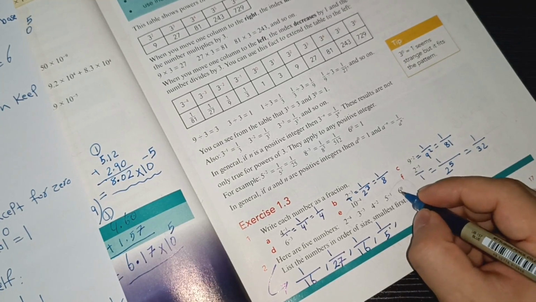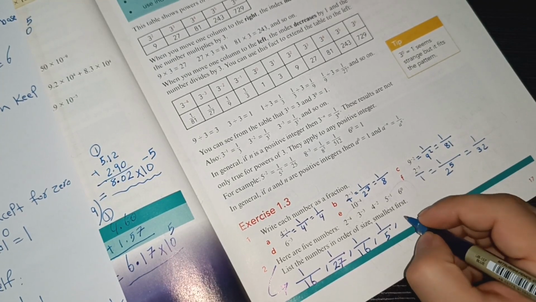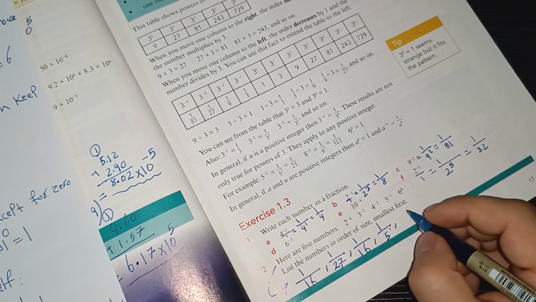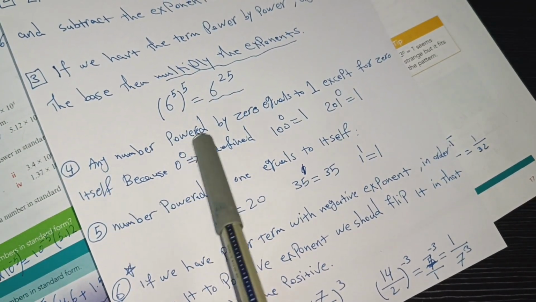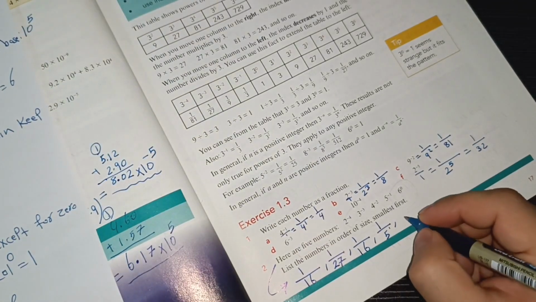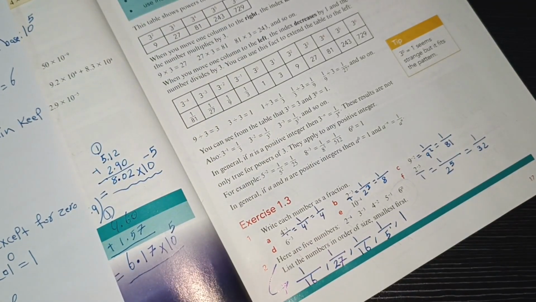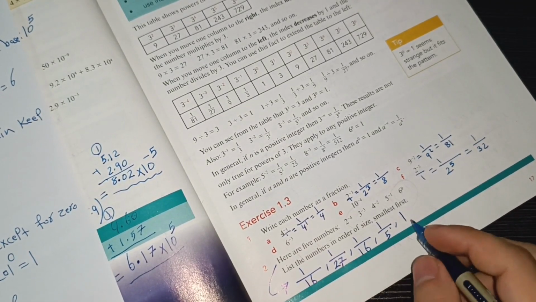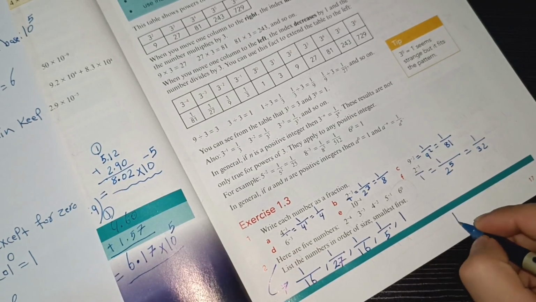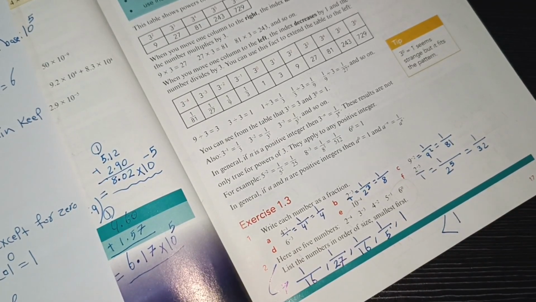And then this one is the most tricky one, 6 powered by 0. According to note 4, any number powered by 0 equals 1. So 6 powered by 0 is equal to 1. Now, if you want to order them, the first 4 are all fractions, but the last one is 1, so it's going to be the bigger one.